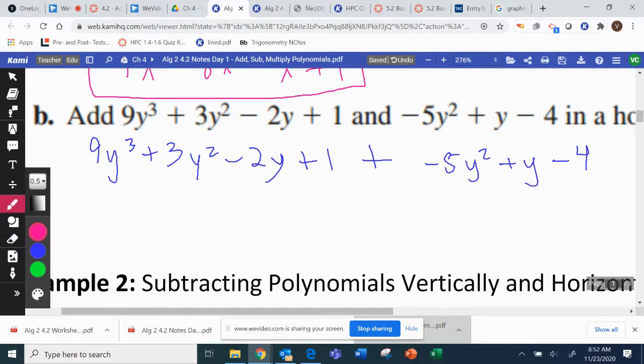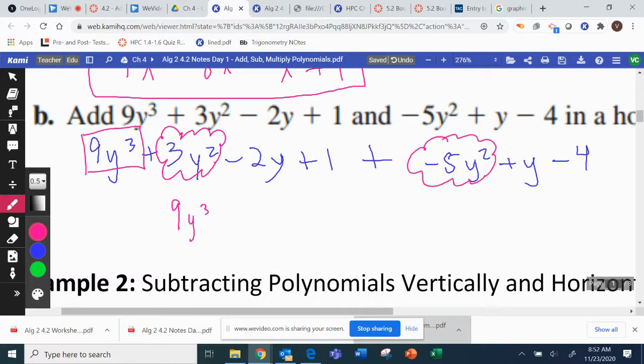Now, what I do when it's in horizontal form is I like to make pretty pictures. So I say, well, 9y cubed. I'm going to look for a friend for 9y cubed. Does it have any like terms? Nope. All alone. So I go ahead and write that one down. And then 3y squared. I'm looking for a like term with 3y squared. And over here, I have a minus 5y squared.